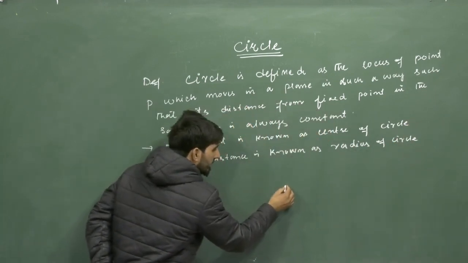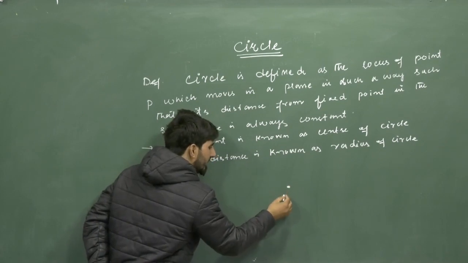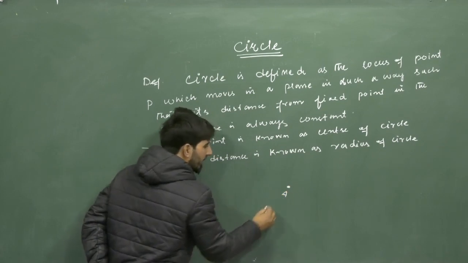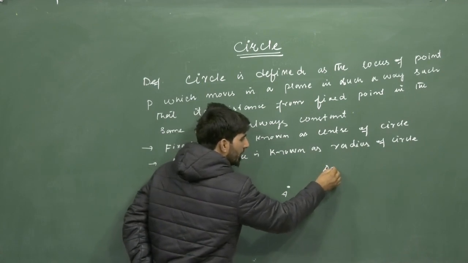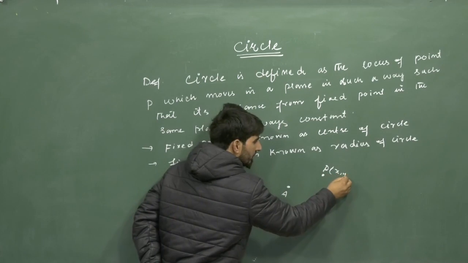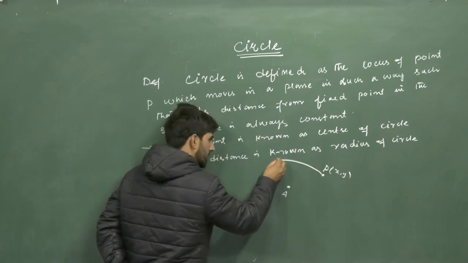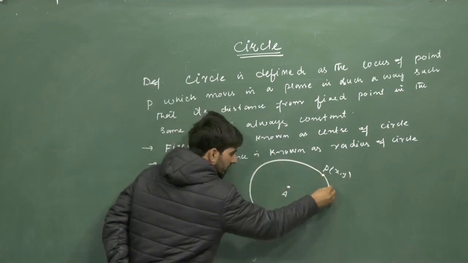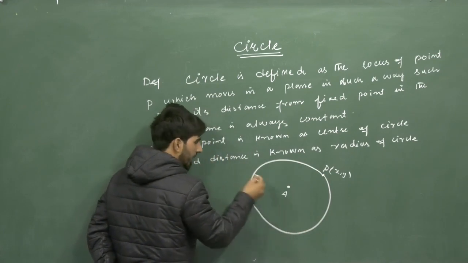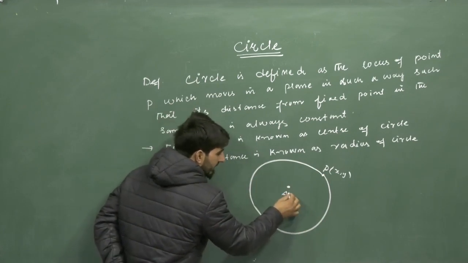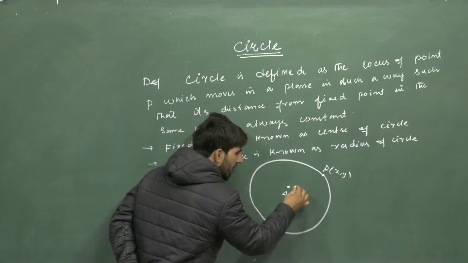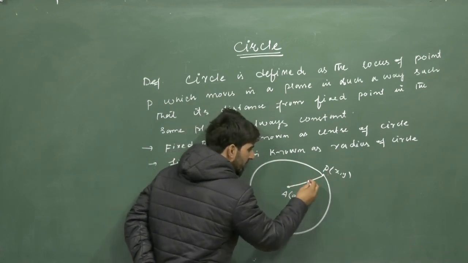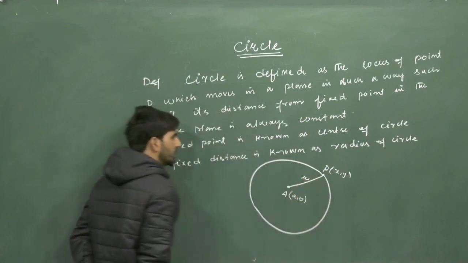So this is the fixed point, say this is point A, and moving point P. Fixed point, that is the center, say its coordinates are A comma B, and this is the fixed distance R.